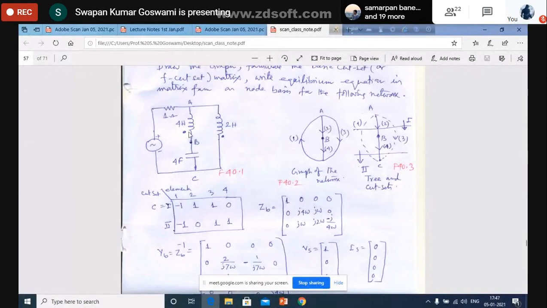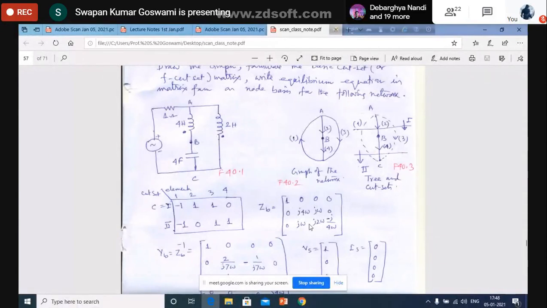Branch 2 has the self impedance of j4 omega, j4 Henry, and the mutual coupling is 1. That is somewhat missing here. It will be 1 Henry.